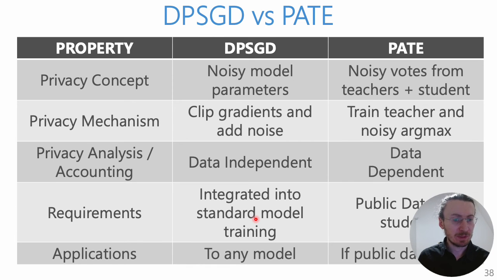On the other hand, PATE has some requirements. For example, we have to have access to some public data to train the model which is called the student. And now in terms of the applications, I will explain more and give some concrete examples of how we can use DP-SGD and PATE, for example, for large language models.